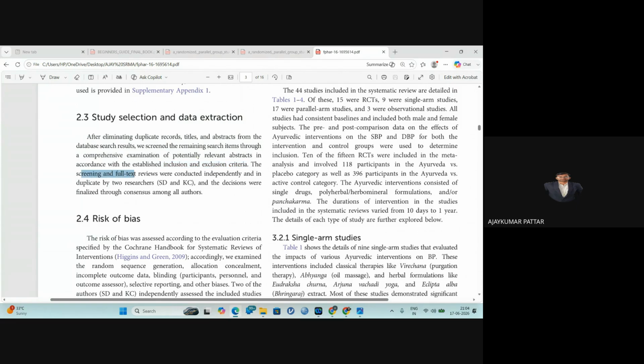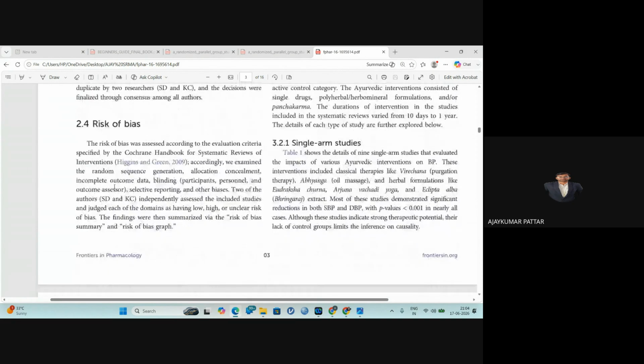The screening and full-text reviews were conducted independently in duplicate by two researchers. These two researchers, SD and KC, they have mentioned short forms of their names, and the decisions were finalized through consensus among all the authors. Then risk of bias: what they have done, the risk of bias was assessed according to the Cochrane Handbook for systematic reviews.